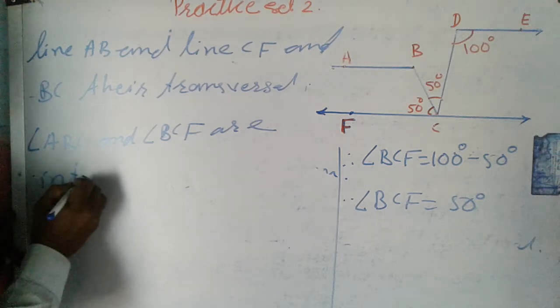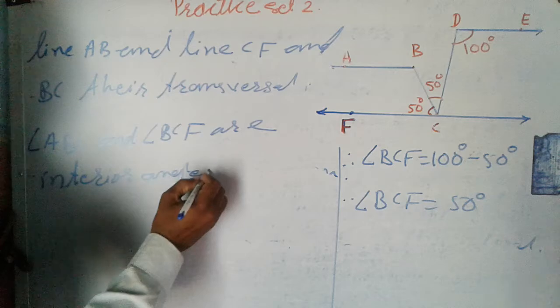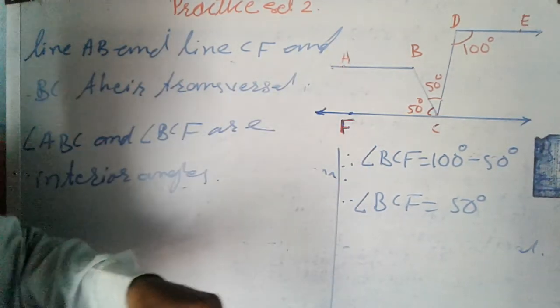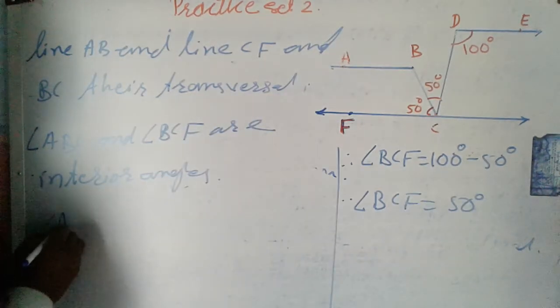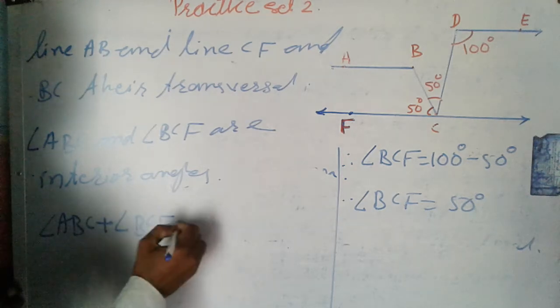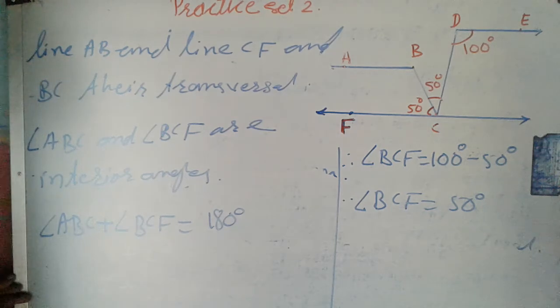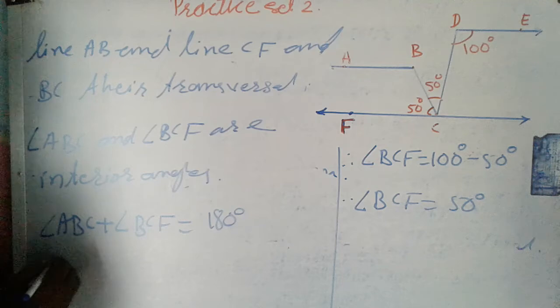These two lines are parallel, so interior angles must be supplementary, and therefore angle ABC plus angle BCF is equal to 180 degrees.